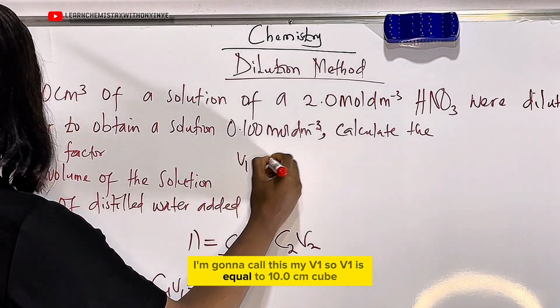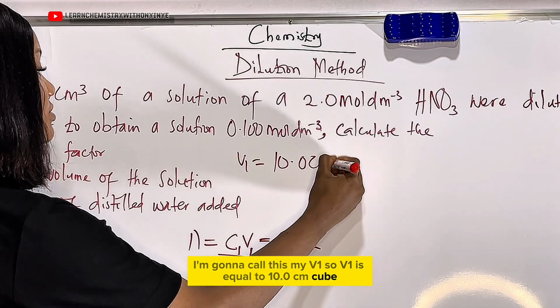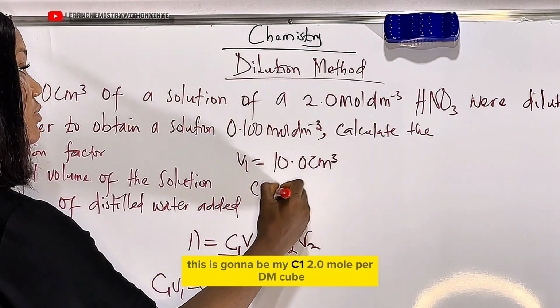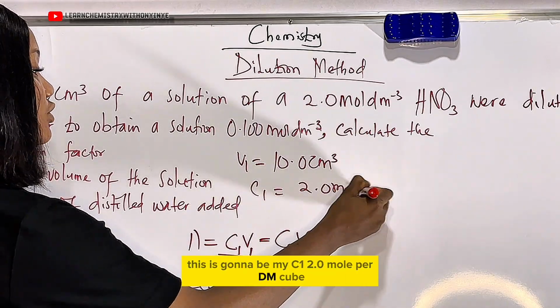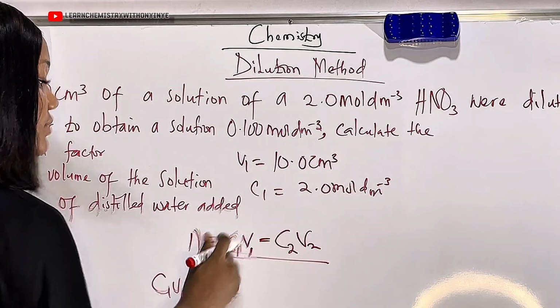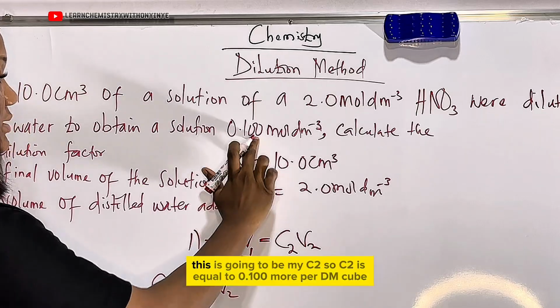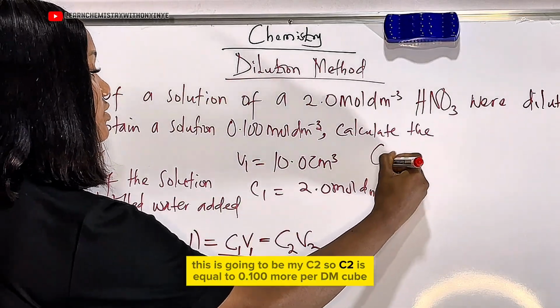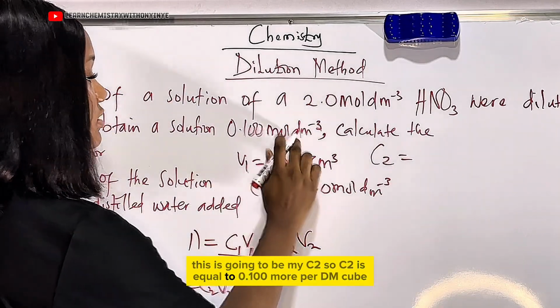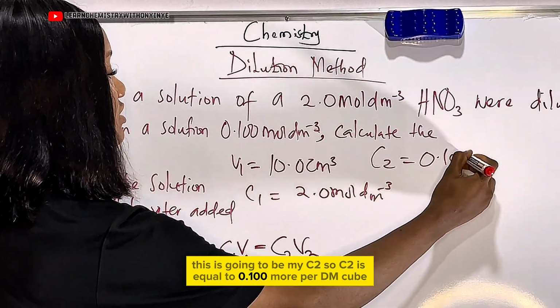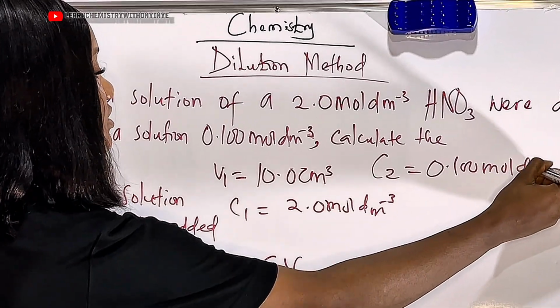So V1 is equal to 10.0 cm cube. This is going to be my C1, 2.0 mole per dm cube. This is going to be my C2. So C2 is equal to 0.100 mole per dm cube.